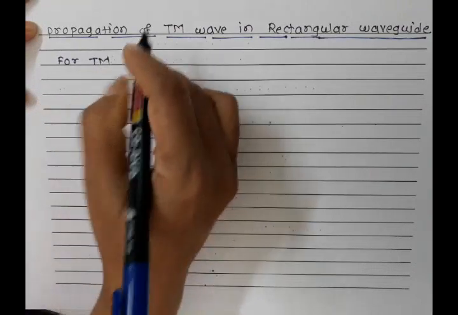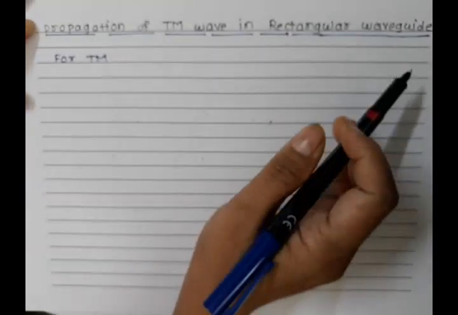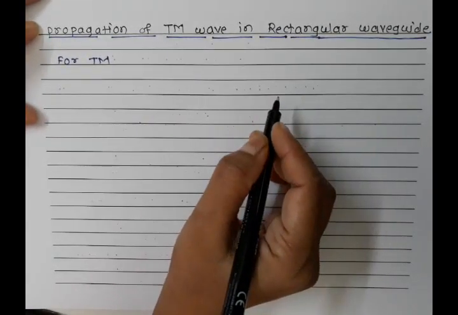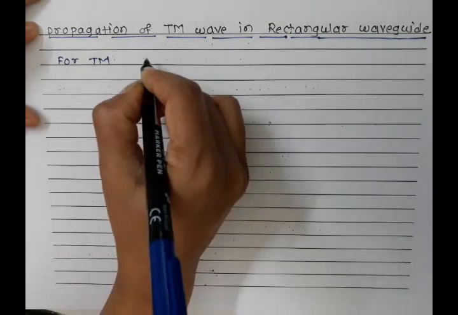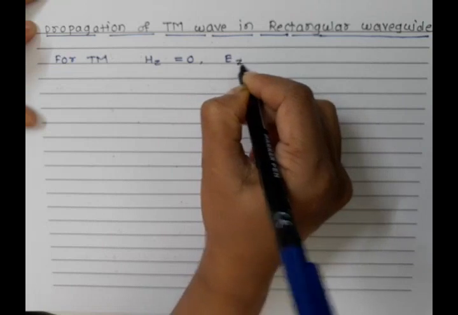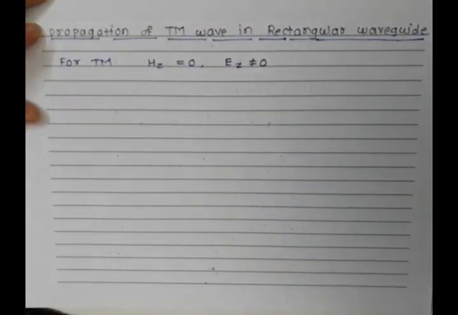So for TM wave, when we talk about the propagation of the TM wave in the rectangular waveguide, we can say that your magnetic field will be purely transverse to the direction of the propagation. So here we can say that Hz is equal to 0 and the Ez component will be non-zero. So how can you write the wave equation for such a wave?